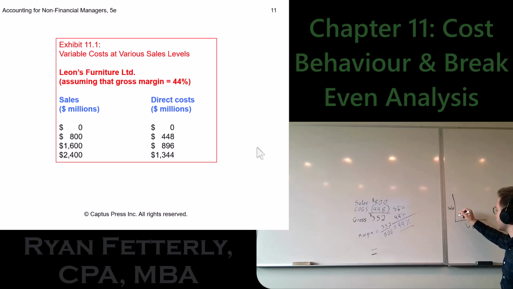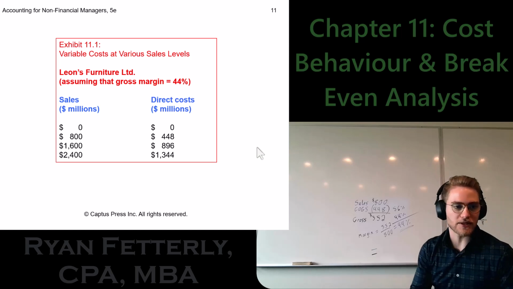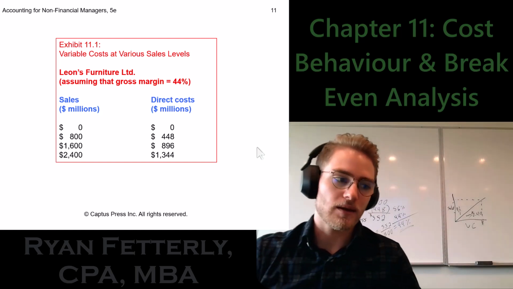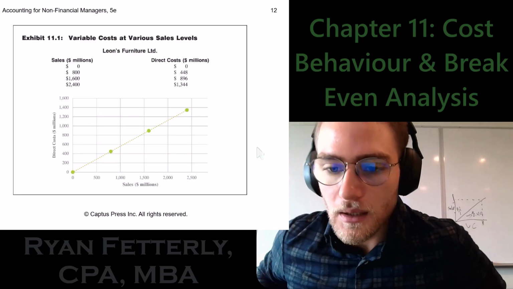Every time my sales goes up by $1, my variable cost goes up by 0.44. So at any sales level, I can calculate what my total variable costs would be, because it's a constant relationship that we're assessing here, a linear relationship.